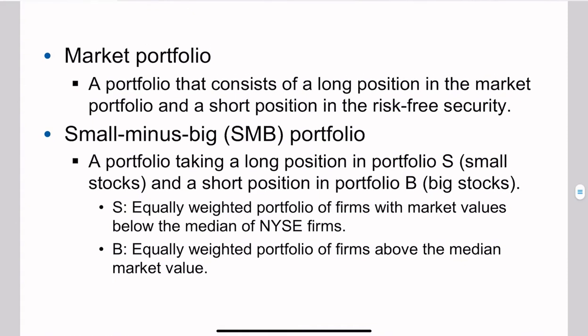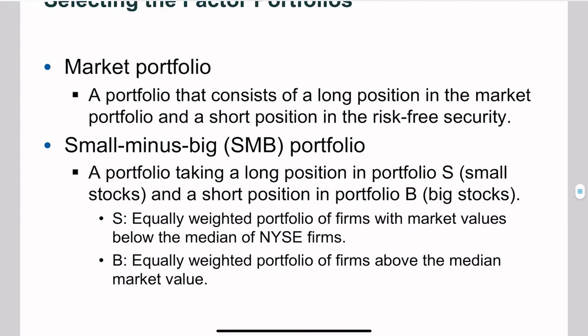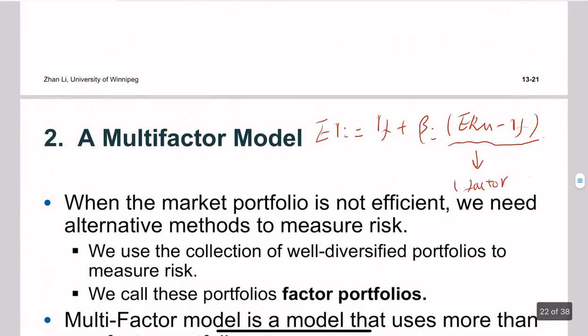The market portfolio can be considered as a long position in the market and a short position in a risk-free security. So you can see that if we consider this whole thing as a portfolio, you're putting $1 into the market portfolio, and you're borrowing $1, or you're having a short position in this risk-free security.